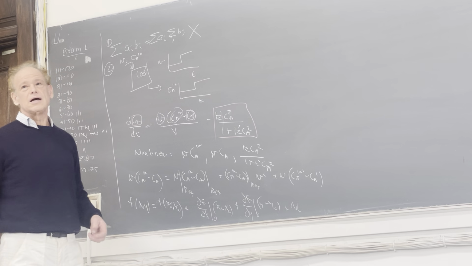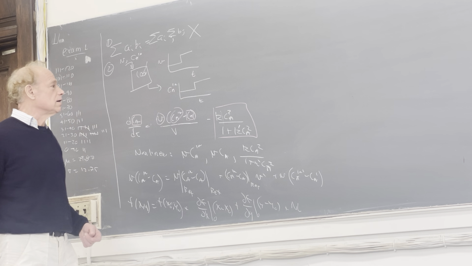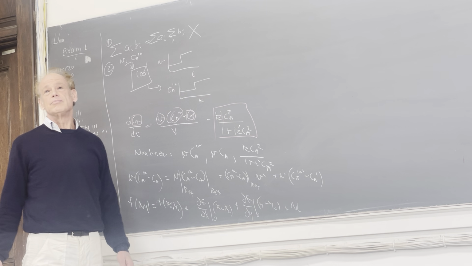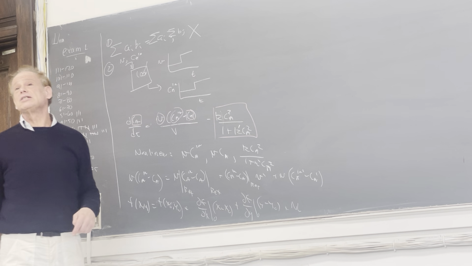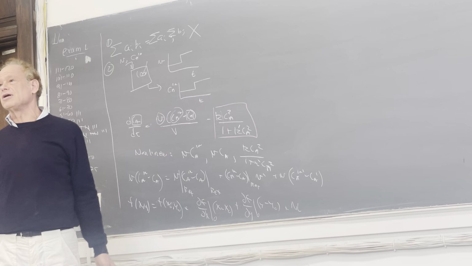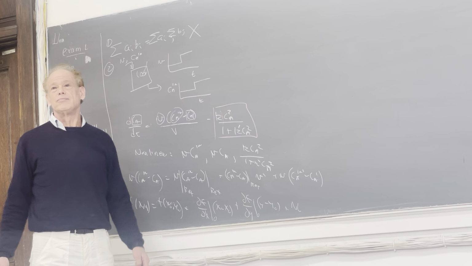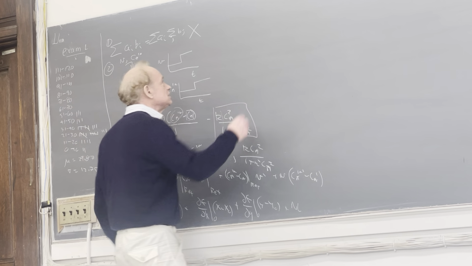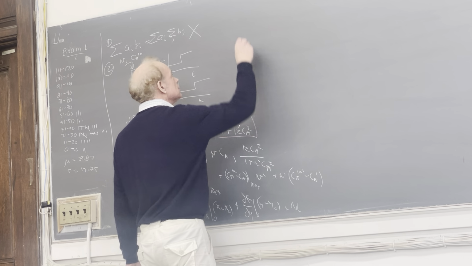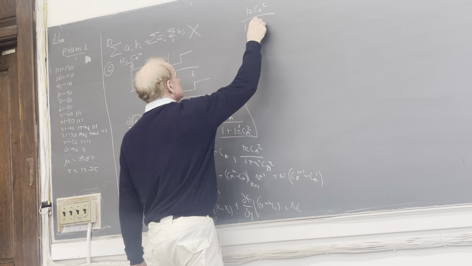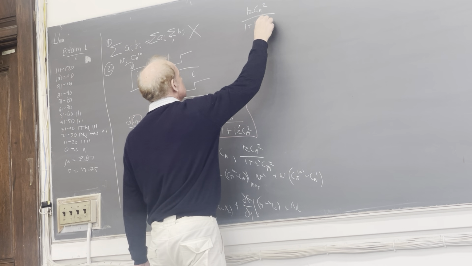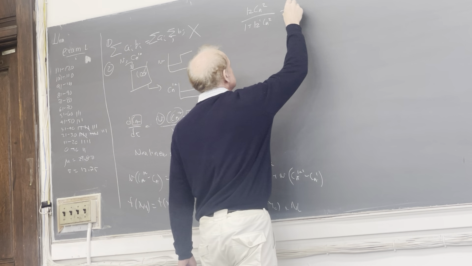The next thing, and this I found quite shocking, this is a nonlinear term. CA squared is nonlinear, but CA squared doesn't appear on its own. It appears in this term. So this term needs to be linearized. So this is linearized.